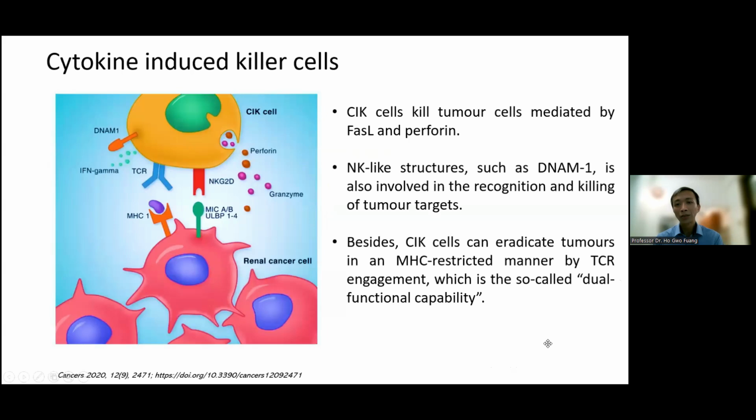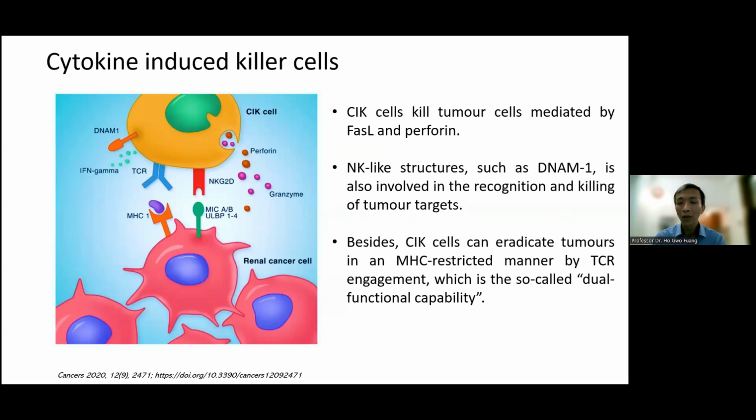So the cytokine-induced killer cells kill tumor cells mediated by Fas ligand and perforin, which is the main way to kill tumor cells. NK-like structures, such as DNAM1, can also be involved in the recognition and killing of tumor targets.